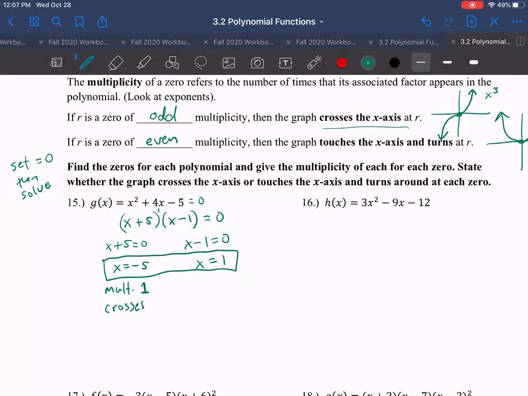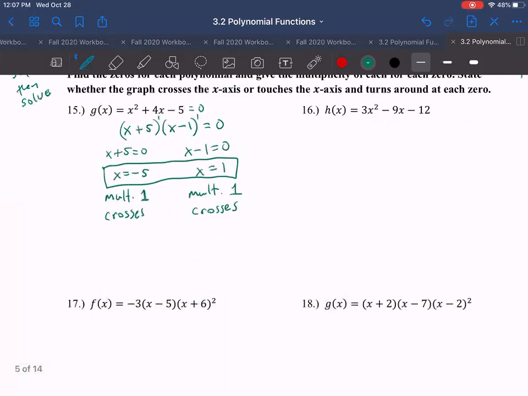It's not going to just touch it and turn. If we look at the x minus 1, that also has an exponent of 1, so it has a multiplicity of 1 as well, and it therefore also crosses the x-axis. All right, let me do one here real quick where we see a multiplicity not equal to 1.